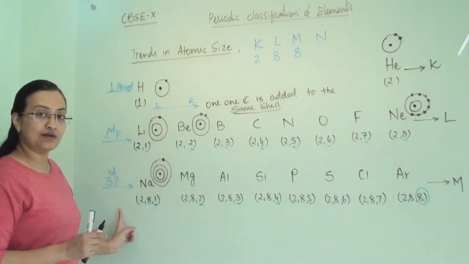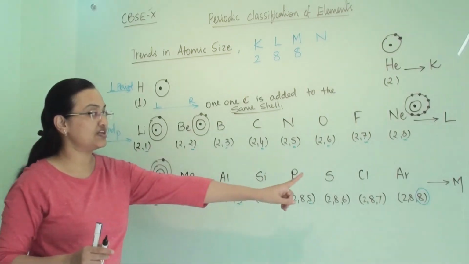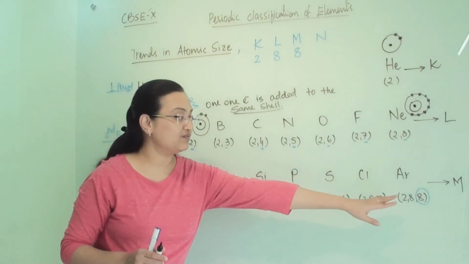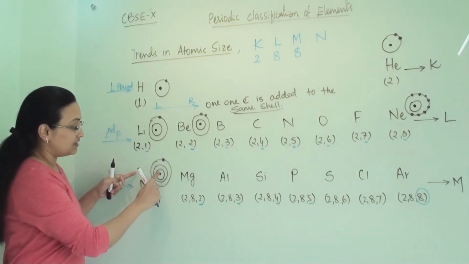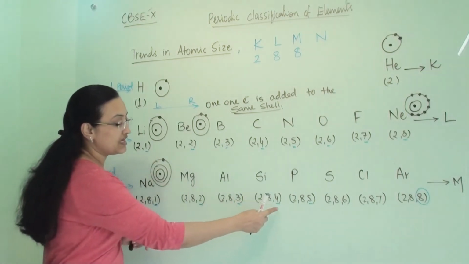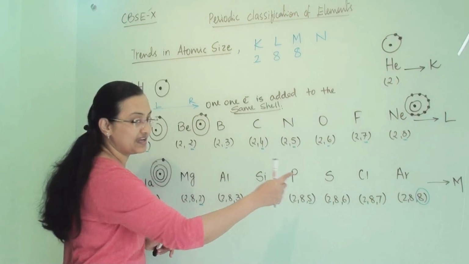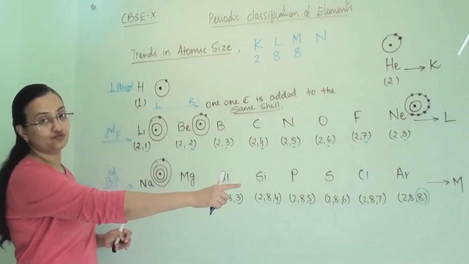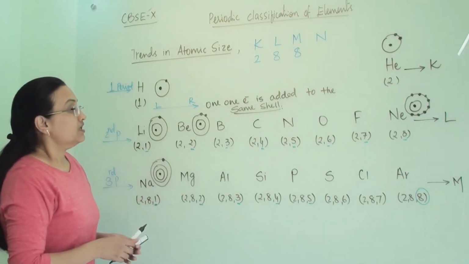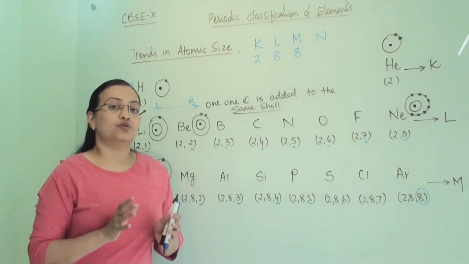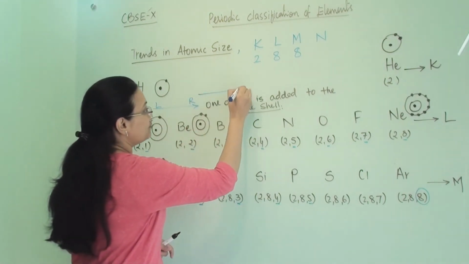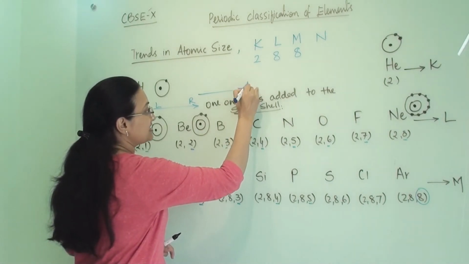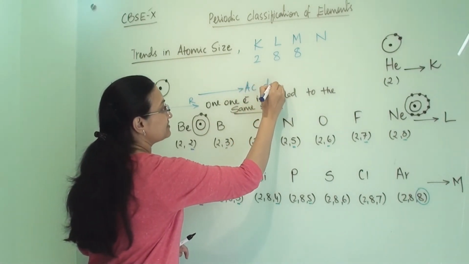And the M shell has started, and it is completely filled when we reach argon. Here also one electron is being added to the same shell as we go from left to right. Now what about the atomic size? As we are going from left to right, the atomic size will decrease.